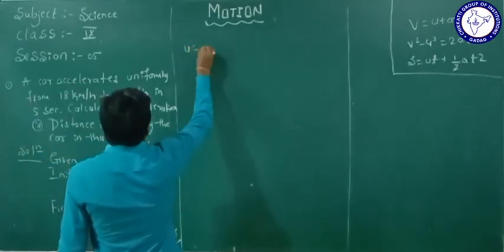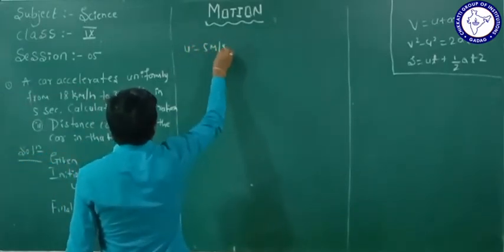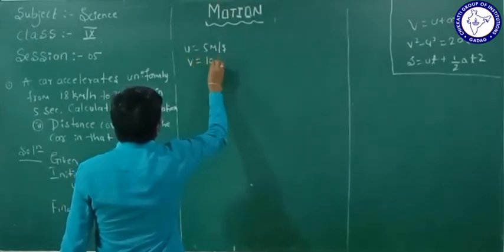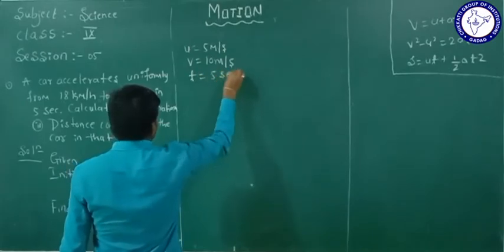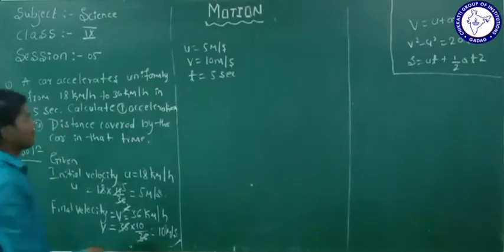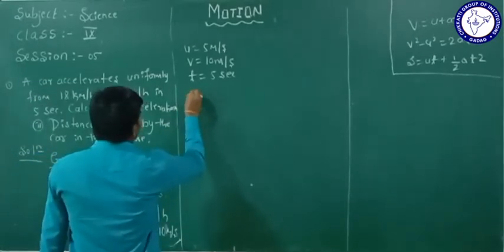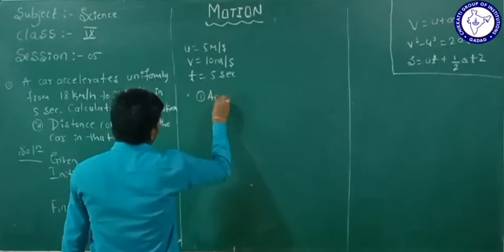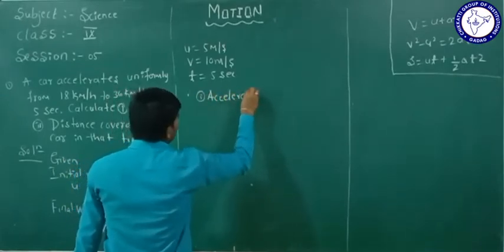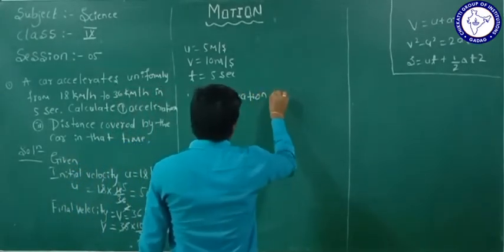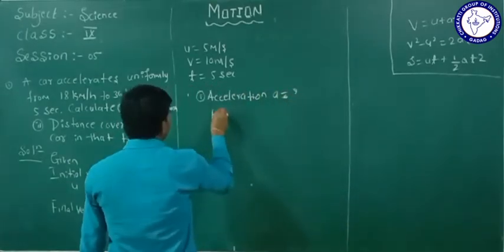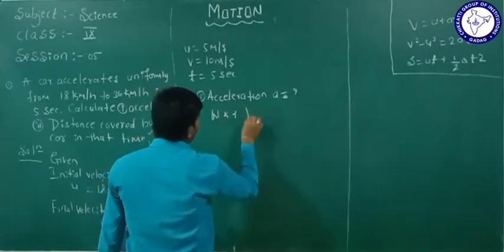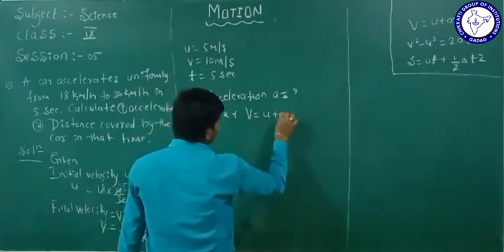Write down here u is equal to 5 meter per second, v is equal to 10 meter per second, and the time is 5 seconds. What are they asking? Acceleration. Therefore, first, the acceleration of the car. We know that v is equal to u plus at.